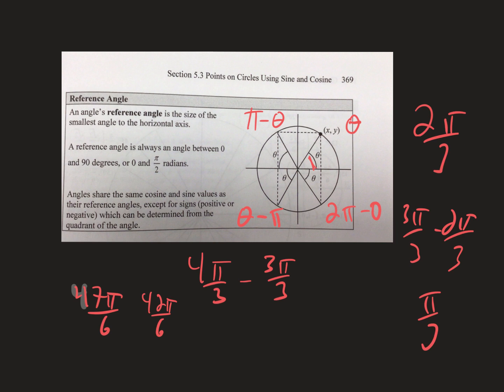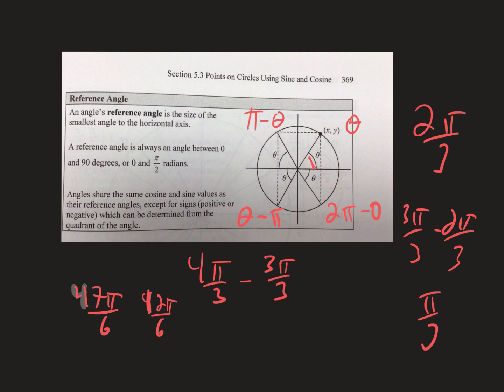No, sorry, I didn't do that right. Well, let's do this one. Let's see. If I'm in terms of 6, 12 pi over 6 is 2 pi. If this was 48, it would be four full rotations. So this is only going to be 3 rotations.